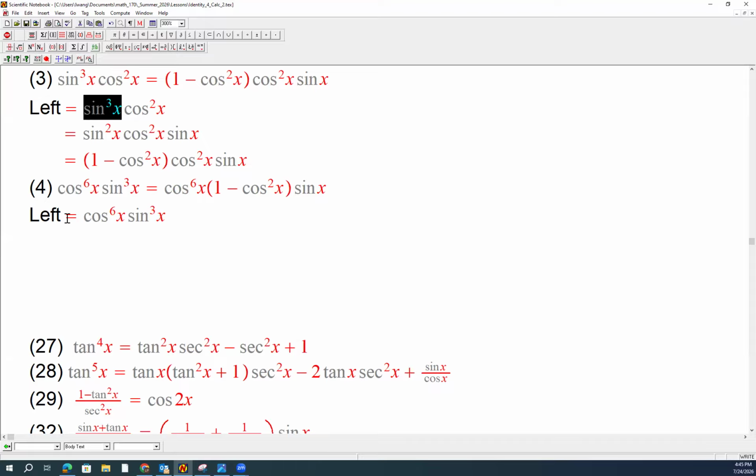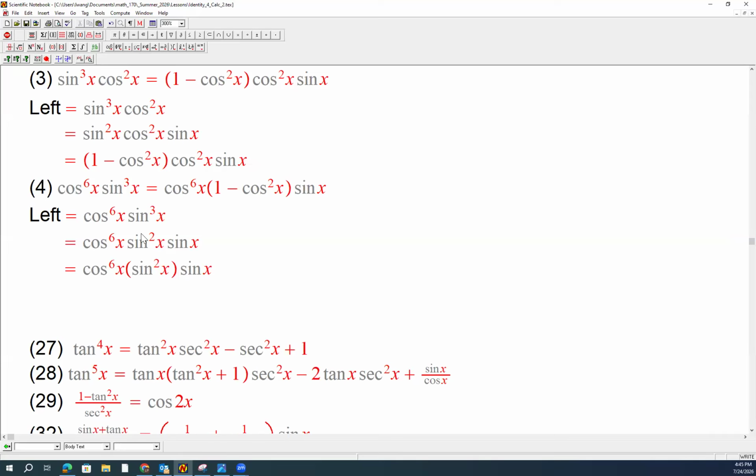So I'm going to get sine to the power of 3 into sine squared times sine x, and the rest of the piece will be represented in cosine. All we have to do is replace the sine squared by 1 minus cosine squared. Finished.